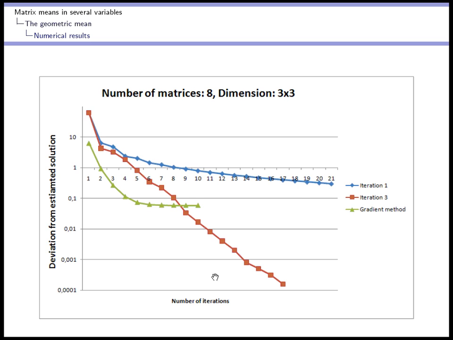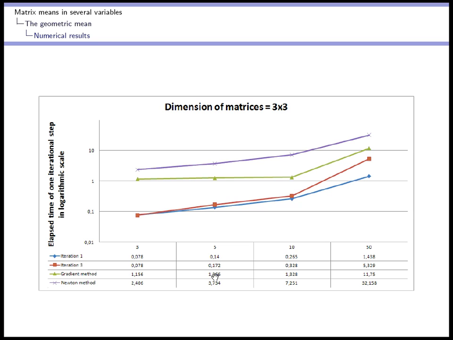So we can also use a Newton method. And in this case, it turns out that although the Newton method converges much faster with respect to the number of iterations we should do, actually it is very costly to carry out the Hessian of the squared distance function, because we are on a Riemannian space which is not Euclidean, therefore it has varying curvature, and by this fact the calculation of the Hessian of the squared distance function is very complex.